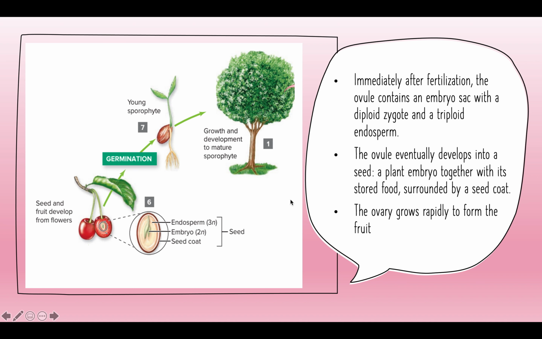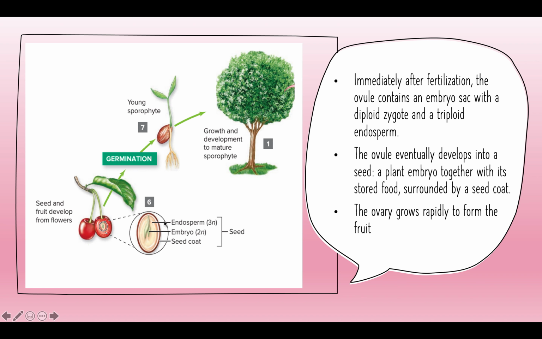Now, immediately after fertilization, the ovule contains an embryo sac with a diploid zygote and a triploid endosperm. The ovule eventually develops into a seed, a plant embryo together with its stored food, which is the endosperm, surrounded by a seed coat.